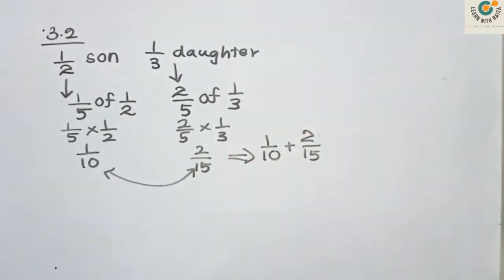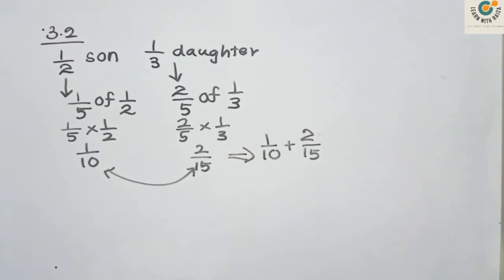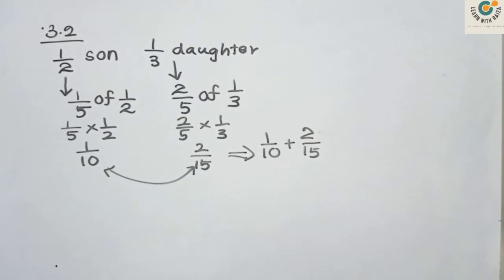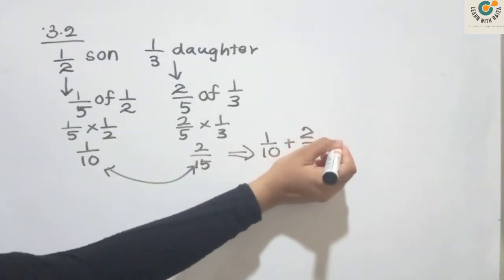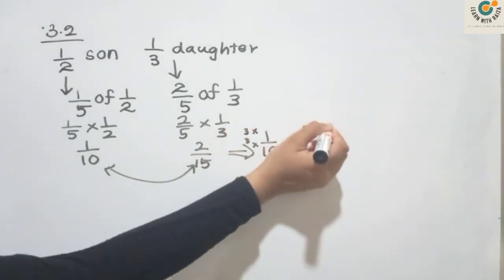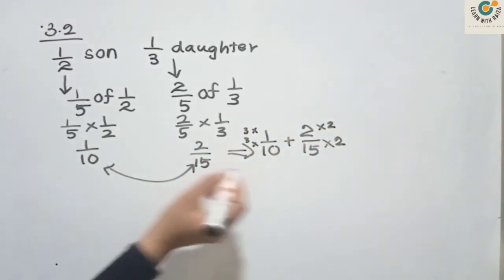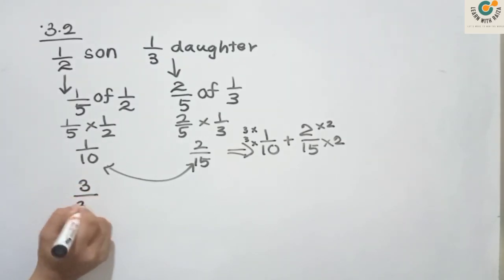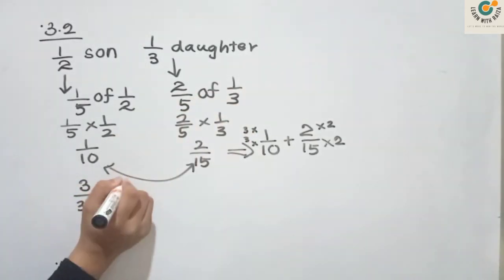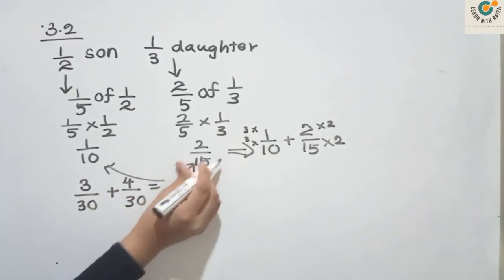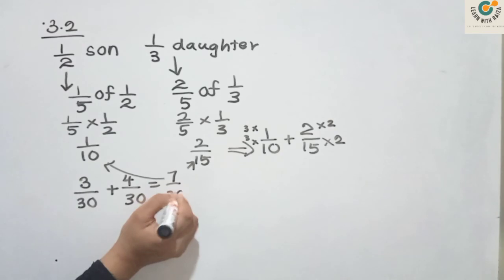You can't add just like that, you should make common denominators. The LCM of 10 and 15 is 30, so 3 times 1, 3 upon 30, plus 2 times 2, 4 upon 30. In total, that is 7 upon 30.